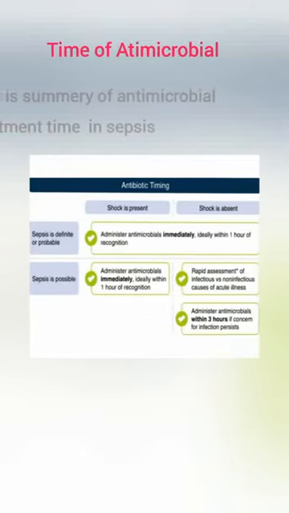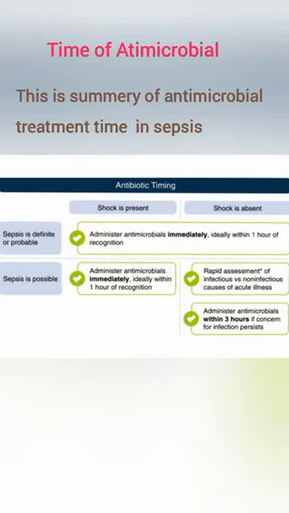So finally, this is a timetable showing a summary of antimicrobial treatment time in sepsis. Is sepsis definite or possible? If likely, immediate administration of antimicrobial within the first hour of recognition, in 2 cases, whether shock is present or absent.